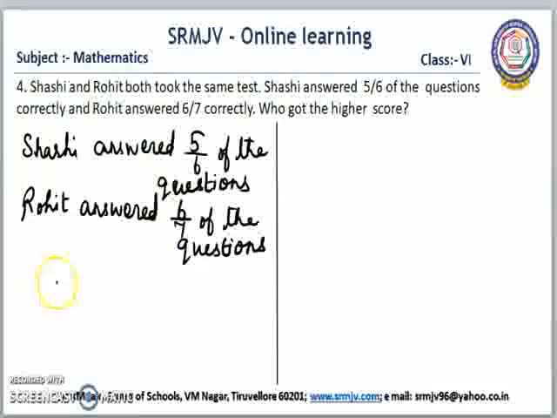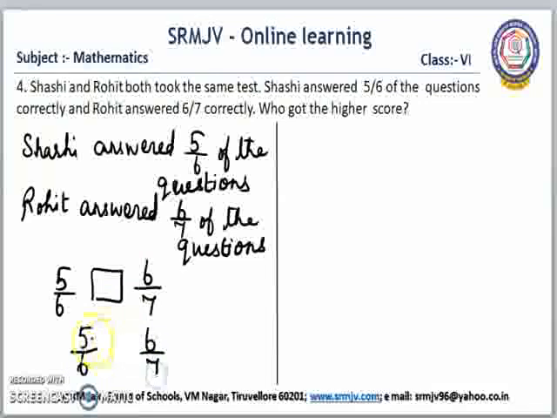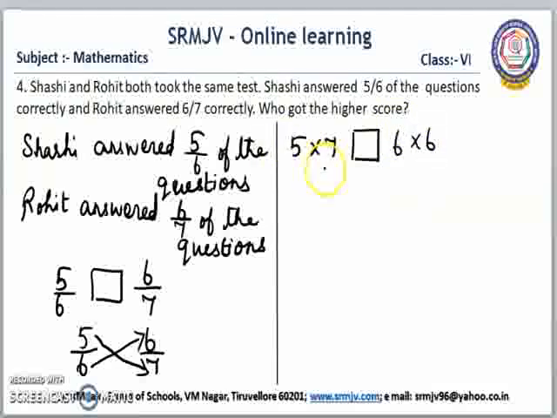Now we have to compare these two fractions, 5 by 6 and 6 by 7. These two fractions are unlike fractions, so we have to use the cross product method. First we have to multiply the numerator of the first fraction and the denominator of the second fraction. So 5 into 7. The denominator of the first fraction and the numerator of the second fraction, 6 into 6.